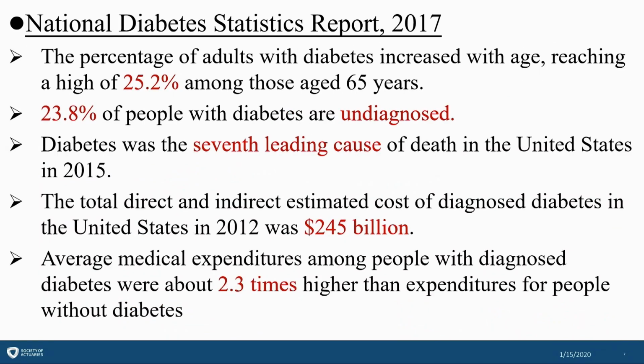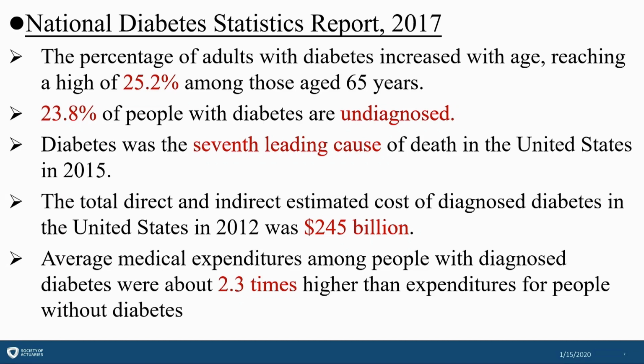Now we move to the National Diabetes Statistics Report of 2017. The percentage of adults with diabetes increases with age, reaching 25% among those aged 65 years and older. But 24% of people with diabetes are undiagnosed.